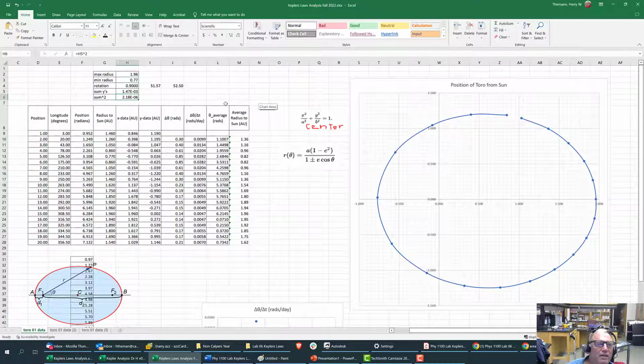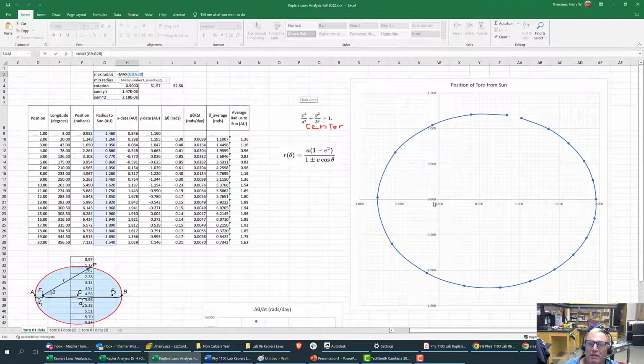So why did I do this? The min radius and the max radius. That was another idea I was having, because it turns out those have a special value.